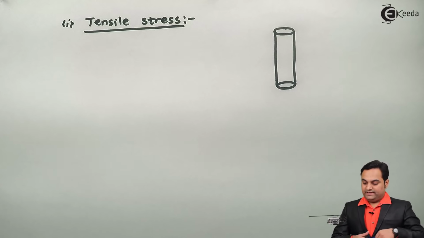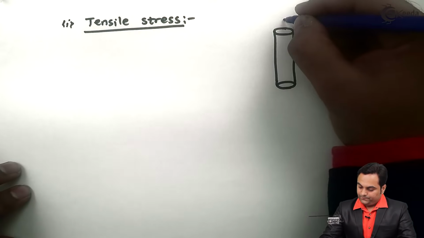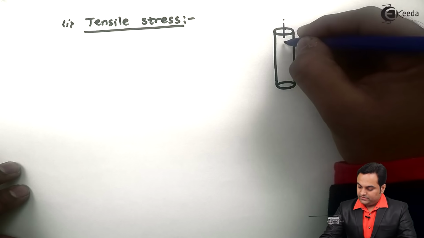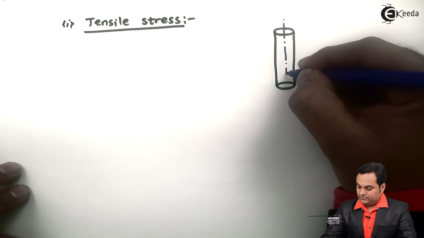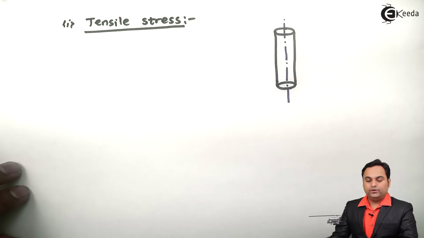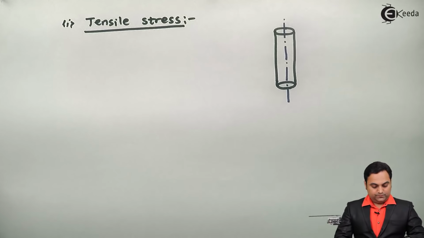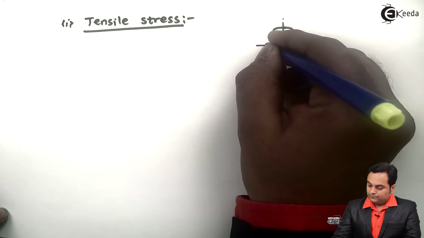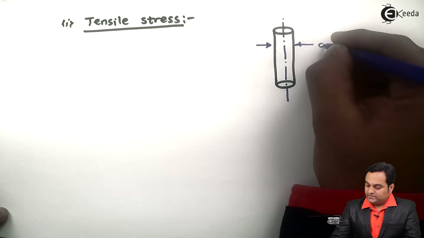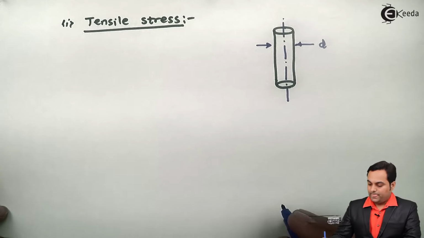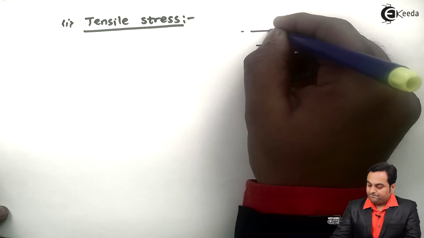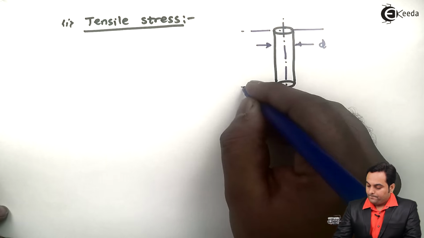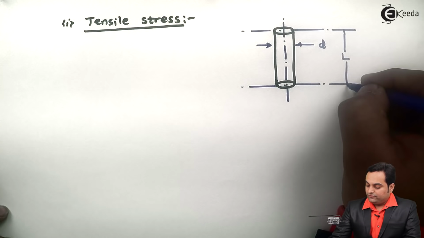Now if I draw the axis for it, this is the axis which is passing through the rod. Now I'll say that D is the diameter of this rod and L is the length of the rod.